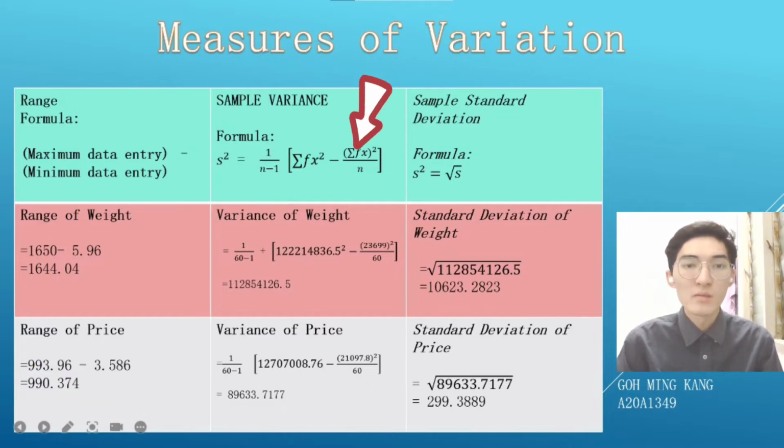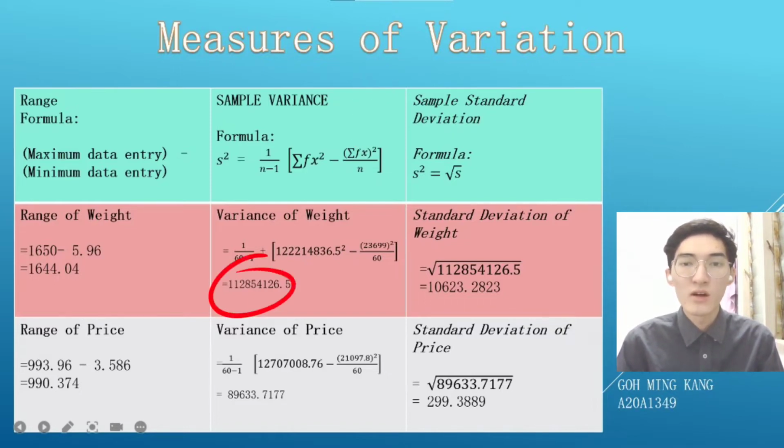The sample variance formula is S squared equals 1 divided by n minus 1, times the bracket sum of f x squared minus sum of f x, squared, divided by n, close bracket.